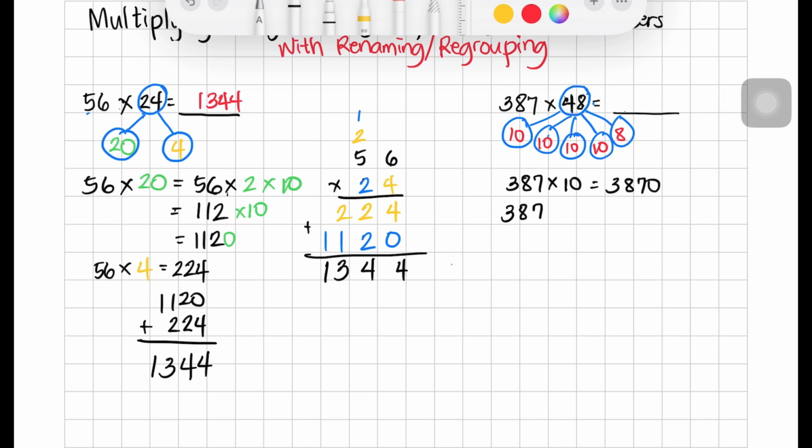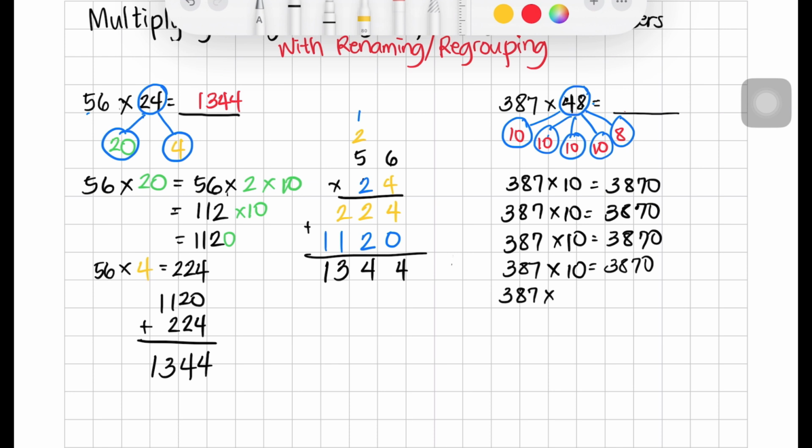But for the sake of showing it like this, I'll be writing this 4 times. But then again, you can just multiply 3,870 by 4. Okay, and then we're done with that.